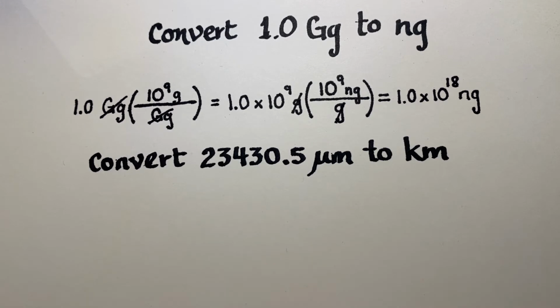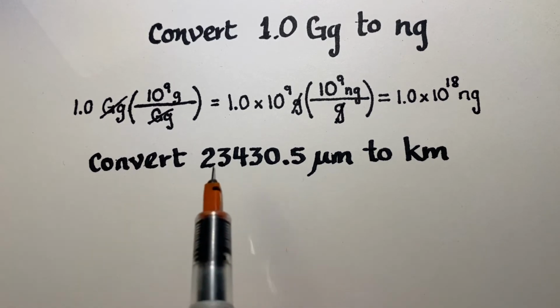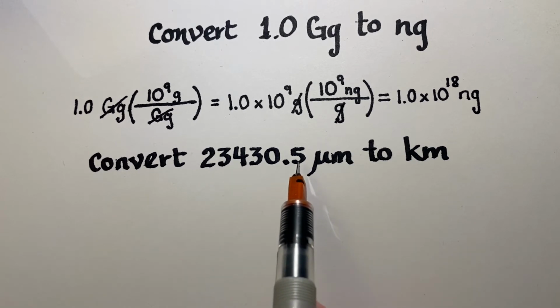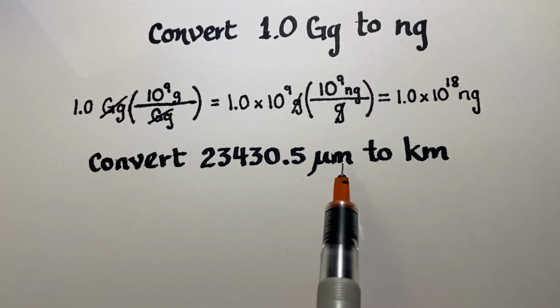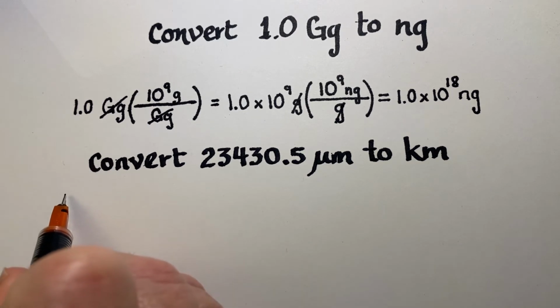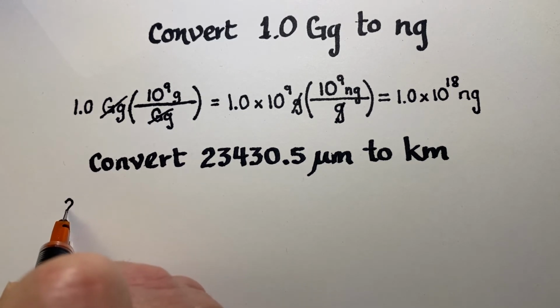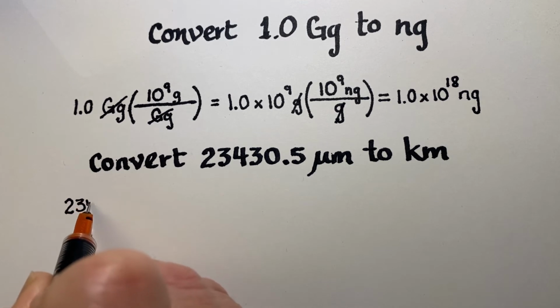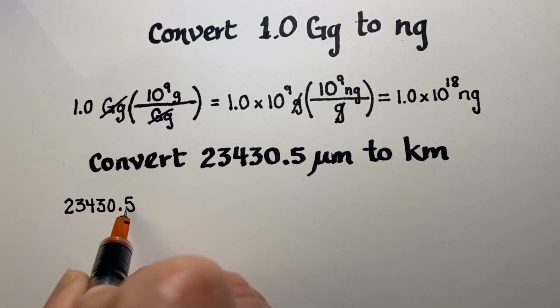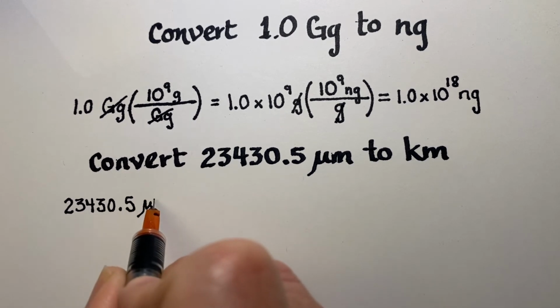Okay, so let's see how this works. So once again, we'll start with the value and the units that we have. So I'll rewrite this: 0.5 micrometers.